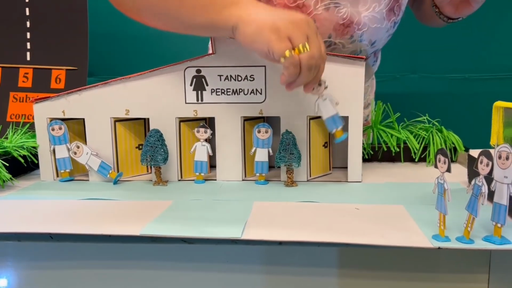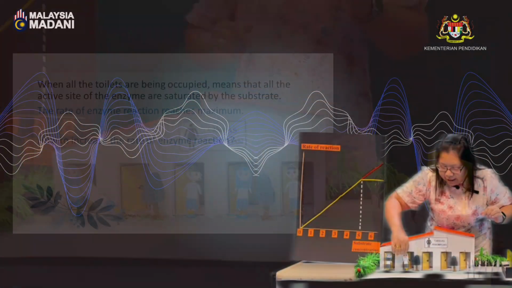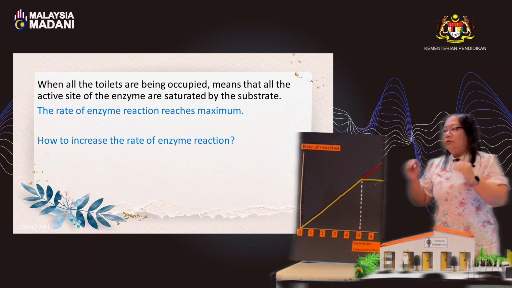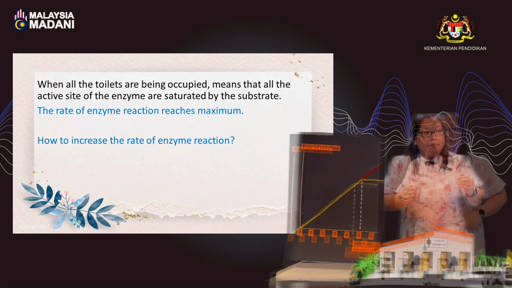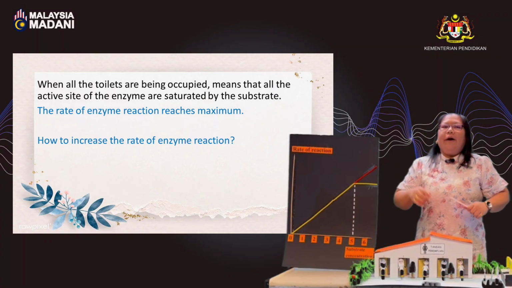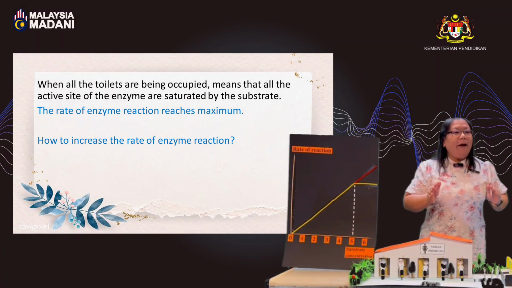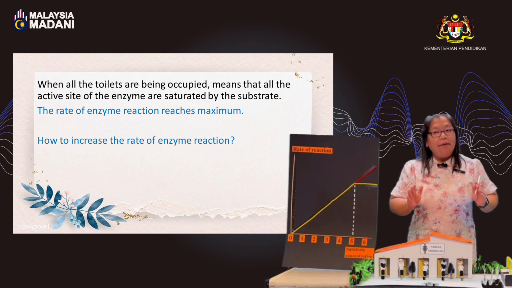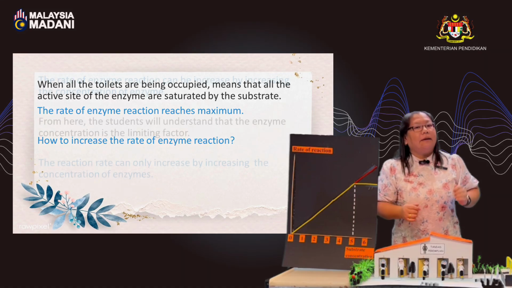Now there are 5 toilets here. This means that the substrate will bind to the enzyme one by one. When all the students start to occupy all the 5 toilets, it means that all the active sites of the enzyme are already saturated by the substrates.